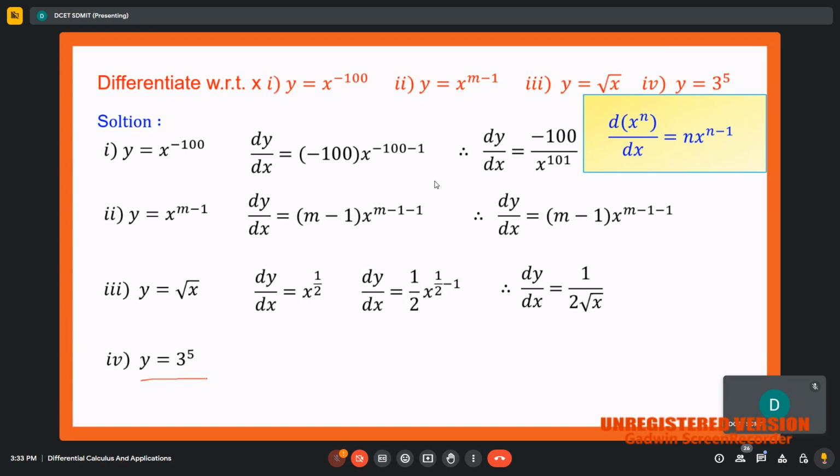Why? 3 and 5 both are constants. I said that differentiation of a constant term is always equal to 0. Therefore, dy by dx is equal to 0.